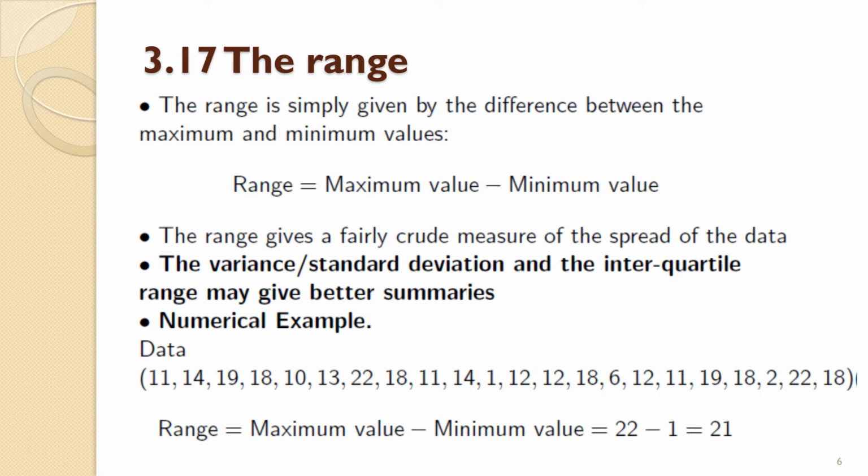The range would just be the maximum value minus the minimum value. The maximum value is 22 and the minimum is 1, and 22 minus 1 is 21, so the range for this data set is 21. Normally that's a measure of spread, but the variance, the standard deviation and the interquartile range are usually better.